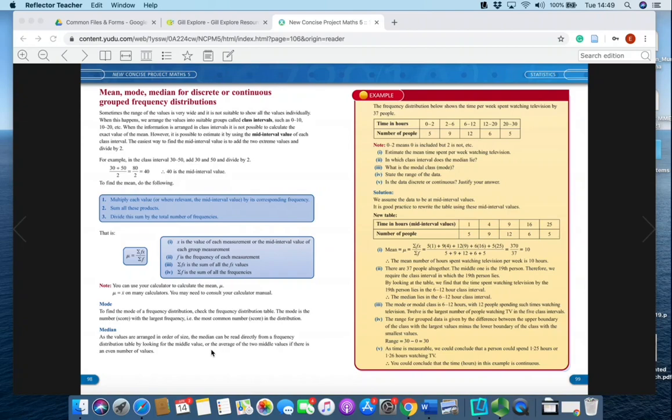To 12, I have 12 of them. 12 to 20, I have 6 of them. 20 to 30, I have 5 of them. Estimate the mean time spent watching television. What class interval does the median lie in? What's the mode? And what's the range?